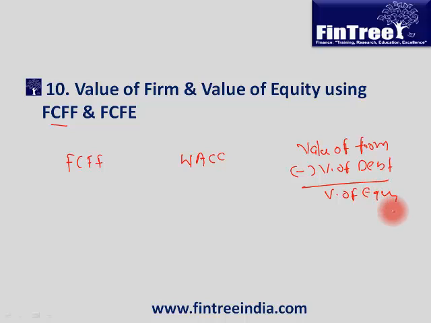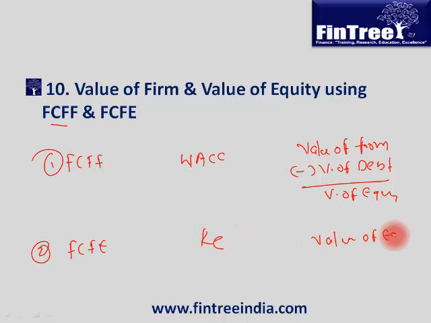So this is one approach. The second approach is to calculate FCFE directly, discount FCFE with cost of equity, and then what you get is directly the value of equity. Should we move on?